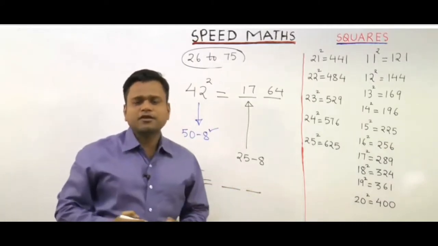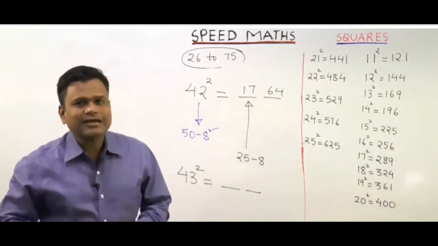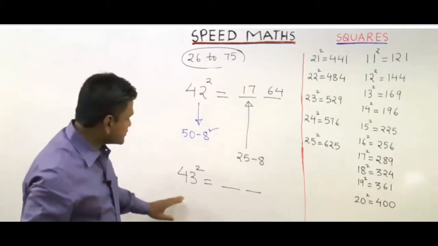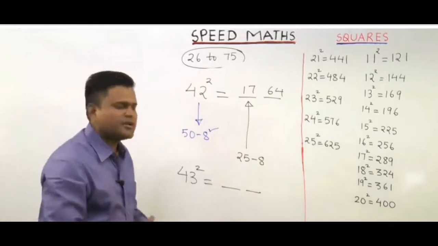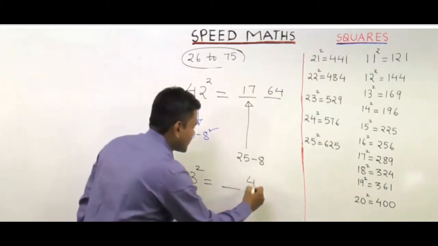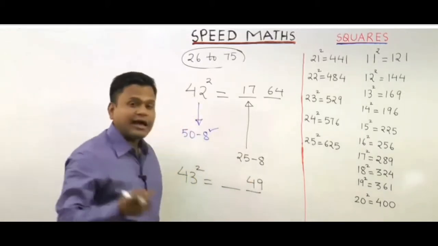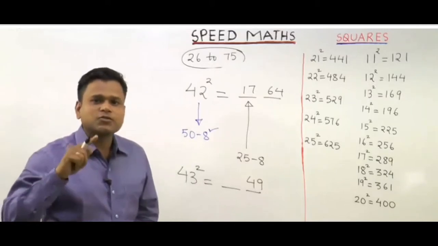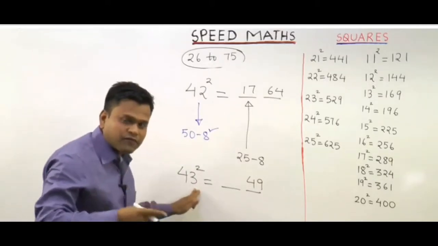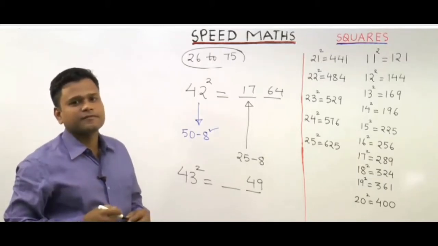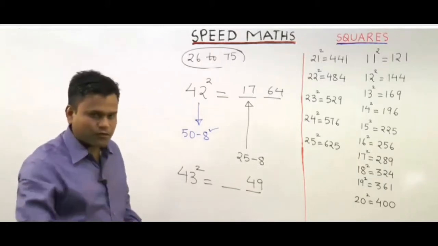Say I need to find out maybe another example, 43 squared. What we have to think of, how much less than 50 this number is? 7. 7 squared. Immediately that should flash across your mind. 49 is what we obtain. And then the first blank here, 25 minus 7.